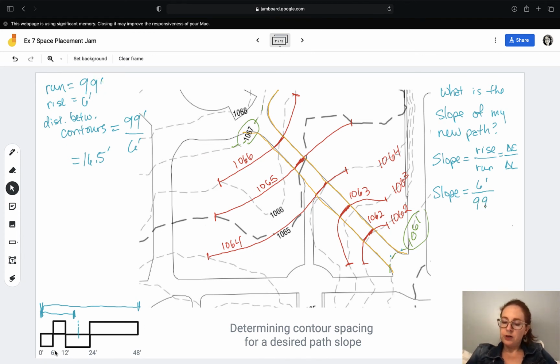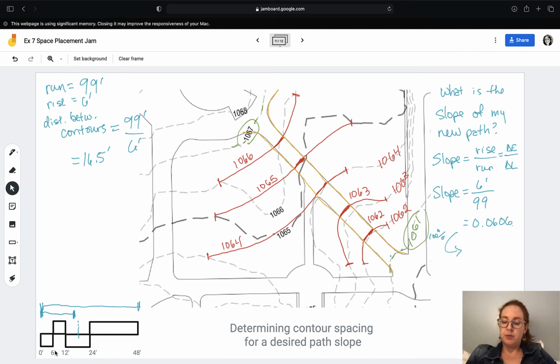So I'm going to put that in here. Go back to my calculator. 6 divided by 99. That is 0.606. Convert that to percent. And that will make, oh my goodness, I wrote that wrong. I'm glad I caught that. My slope in a decimal is 0.606.